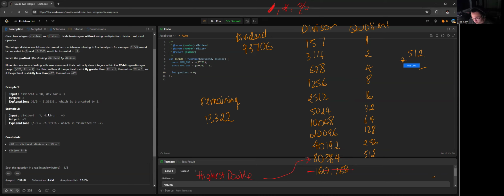Okay, and we can use this number and then divide it by the divisor again, until we get the remaining down to a number that is less than the divisor.